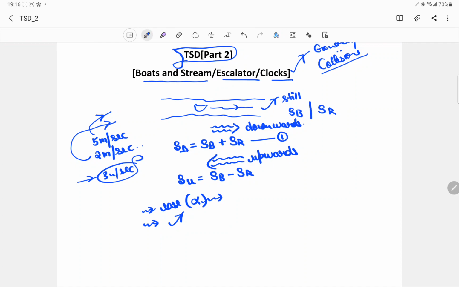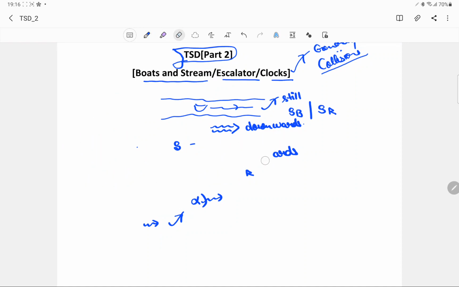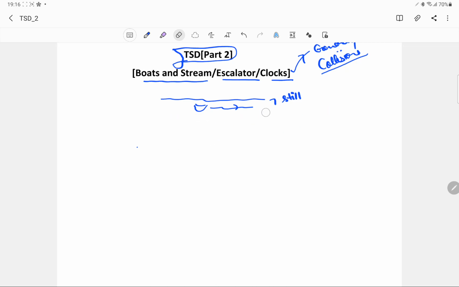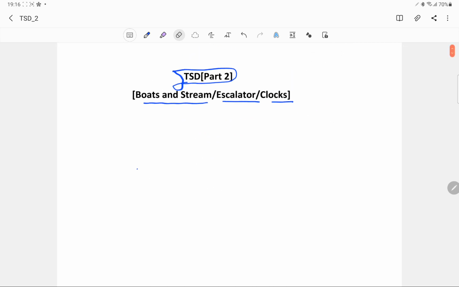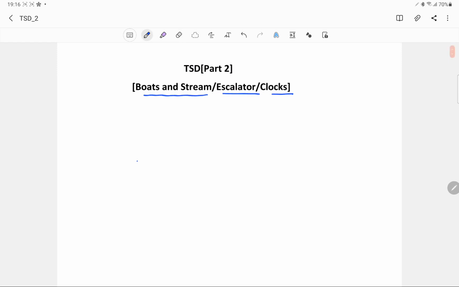So moving ahead, let's get into another concept, and that is called the escalator. For the escalator part, it is more or less the same as boats and streams.